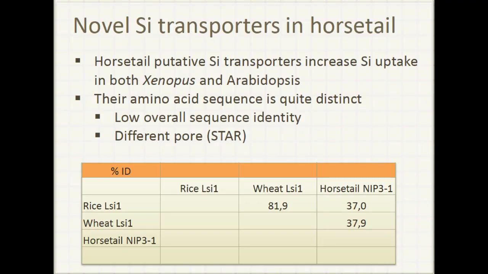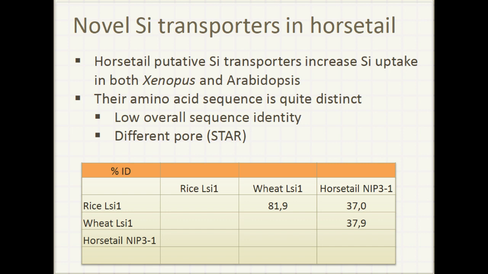And so when we go back to thinking about why it is that we couldn't pick this out earlier when we were doing these attempts at cloning through homology-based strategies, well, you can see the answer here. Look at the degree of homology between the grass, so rice and wheat, and the horsetail. It's below 40%.